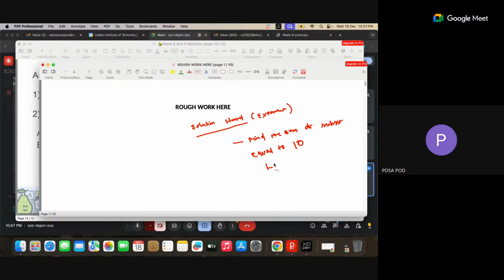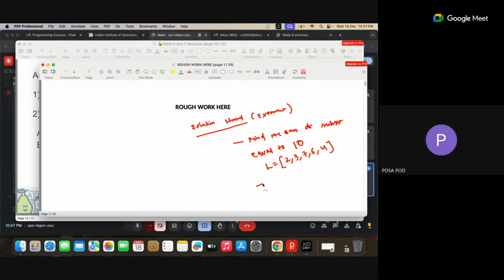We have given a list of values to the student: 2, 3, 7, 6, 4. I want to ask him to please find a subset so that the subset sum should be equal to 10.